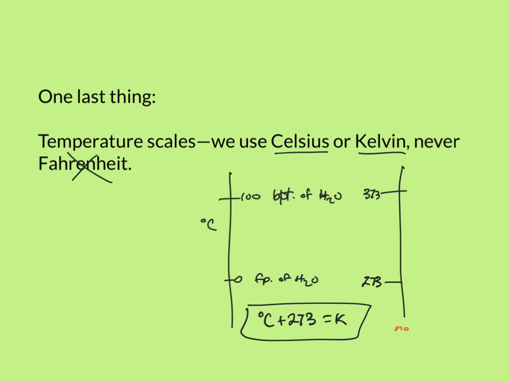We do have no degree sign used with Kelvin. We just call it K. So if I had a temperature of 14 degrees Celsius and I added 273, that temperature would be written as 287 kelvins.